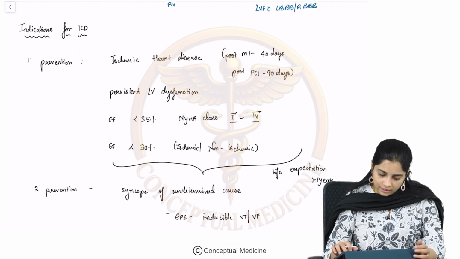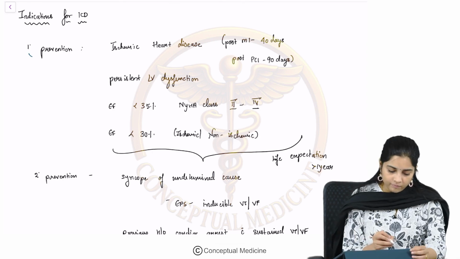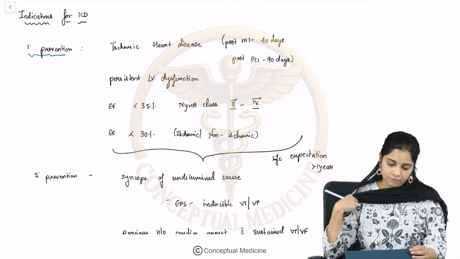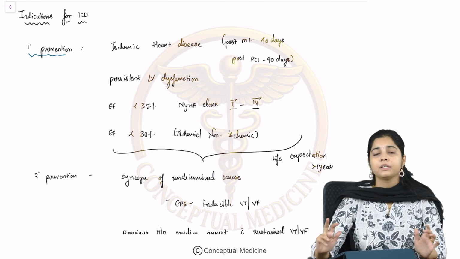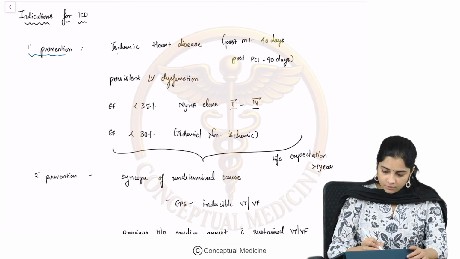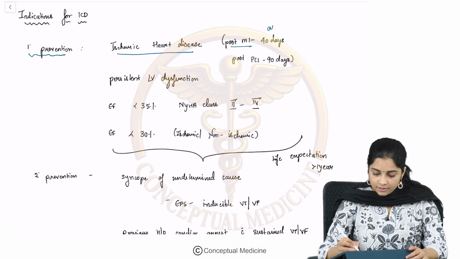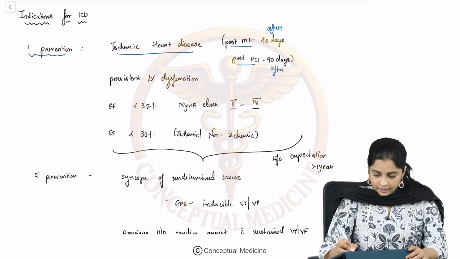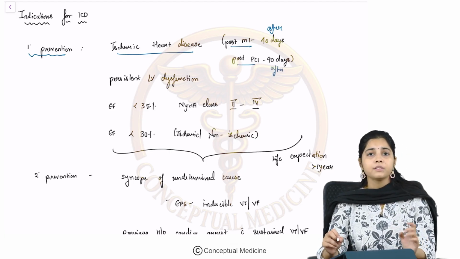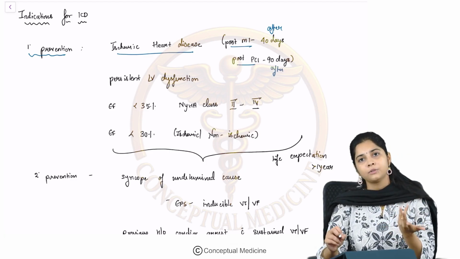Okay, so what are the indications for an ICD? For primary prevention, where a patient has not had a VT before, it is used in ischemic heart disease. So, in post-MI patients after 40 days or in post-PCI after 90 days. Why do we give this time frame? Because that is the time taken for the heart to recover.